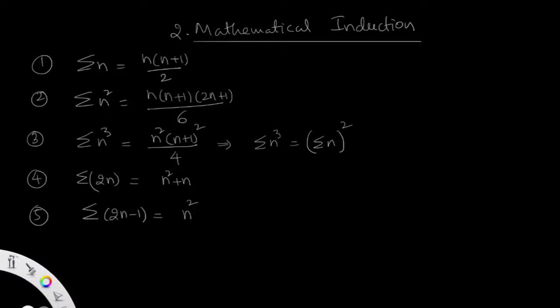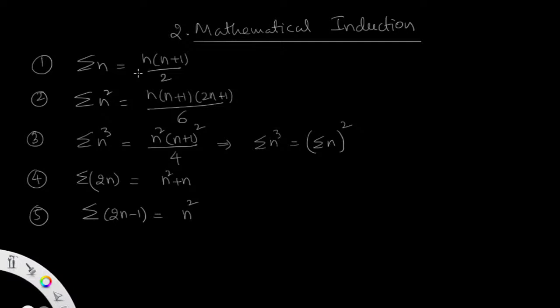The first formula is sigma n, that is n into n plus 1 by 2, and the second one is sigma n square, n into n plus 1 into 2n plus 1 by 6. The third one is sigma n cube, that is n square into n plus 1 whole square divided by 4, which means sigma n cube is sigma n whole square.